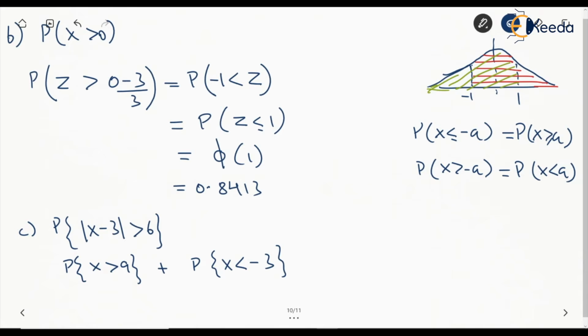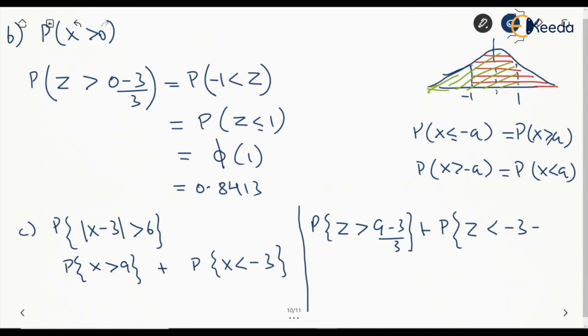So let's transform this into the standard normal. For the greater part this will be z, x minus mu by sigma, 9 minus 3 by 3, and z less than minus 3 by 3. So what is this value?